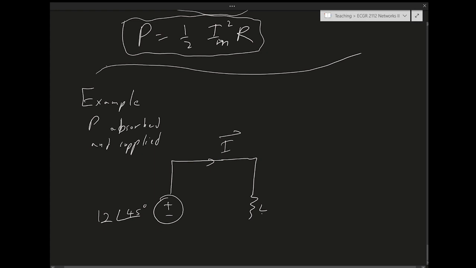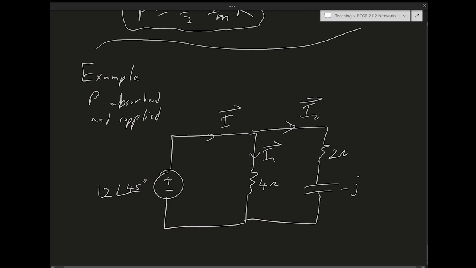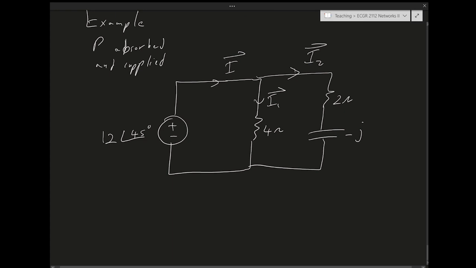I have a 4 ohm resistor, and then I have 2 ohms minus j, a capacitor. Then I have I2 and I1. So I need to calculate the currents so that I can find the total power absorbed and supplied.